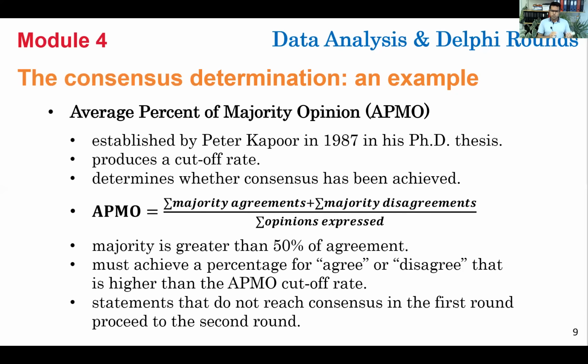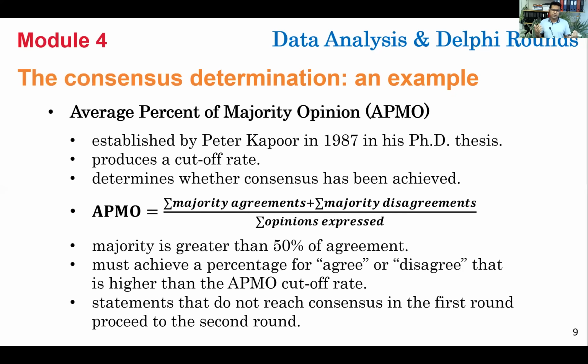In order to reach consensus, an inquiring issue must achieve a percentage for agree or disagree that is higher than the APMO cutoff rate. The issues that do not reach consensus in the first round proceed to the second round for further inspection.